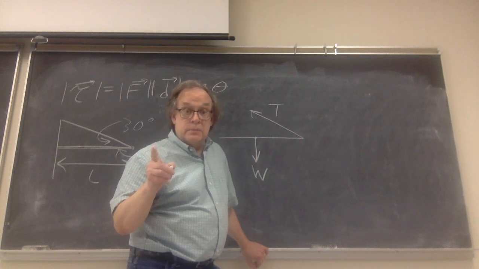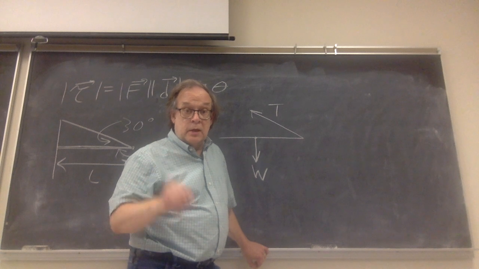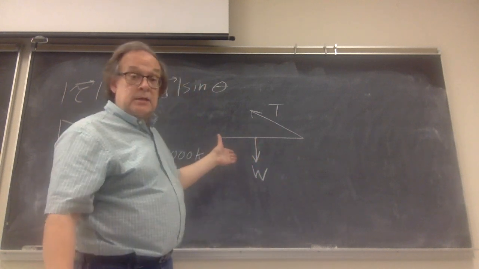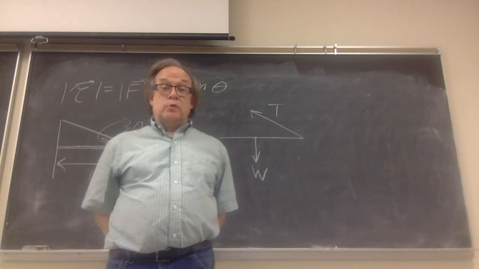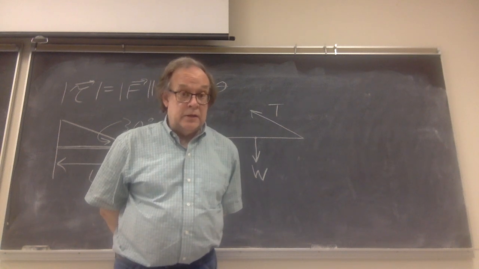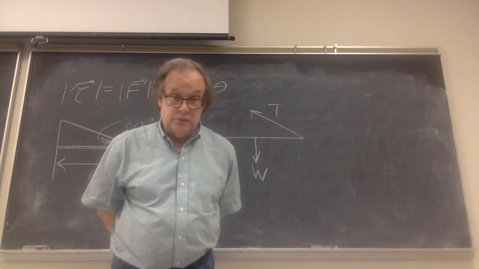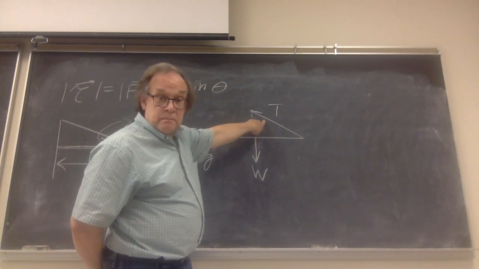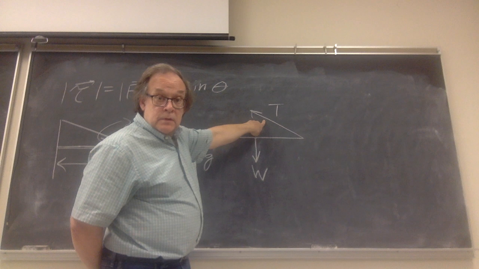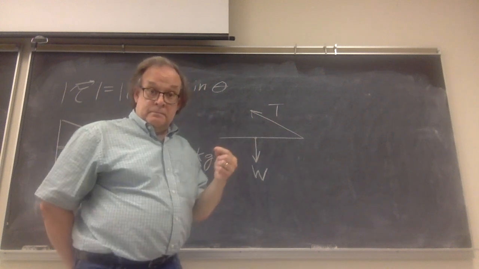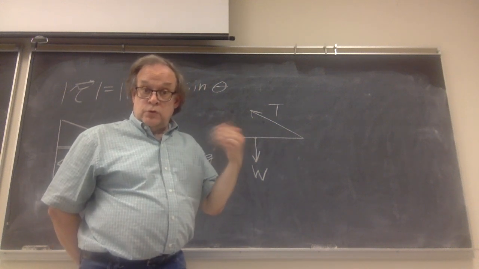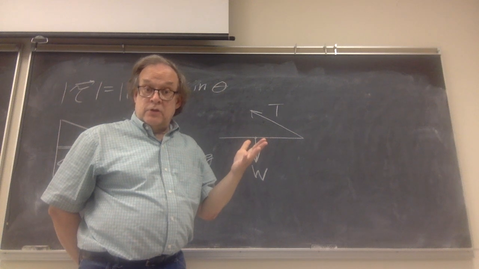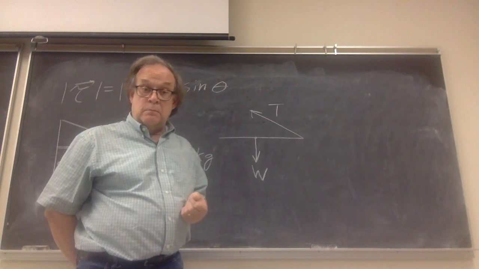We know there has to be a third force because it's in equilibrium, and equilibrium means, among other things, no net force. So the tension is pulling this way, so you can think of that tension as having a vertical component and a horizontal component.